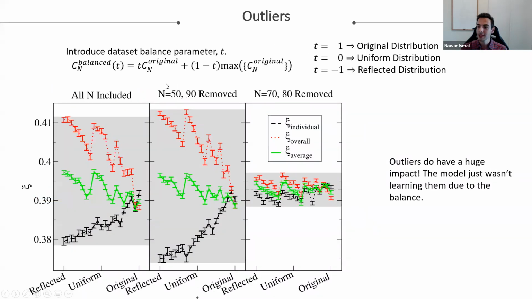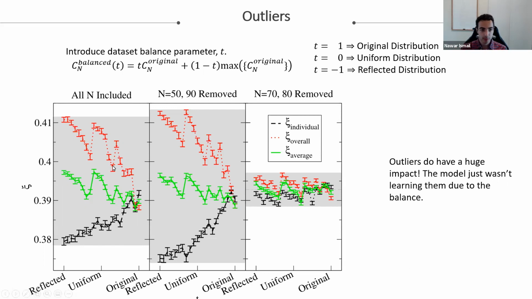So we linearly interpolate the counts at each n to vary between the original distribution, which favors low n, to a uniform distribution, which favors all of them, and then a reflected distribution, which favors the high n. And as we vary this, we look at the predictions that the networks make based on what fit they were trained on.